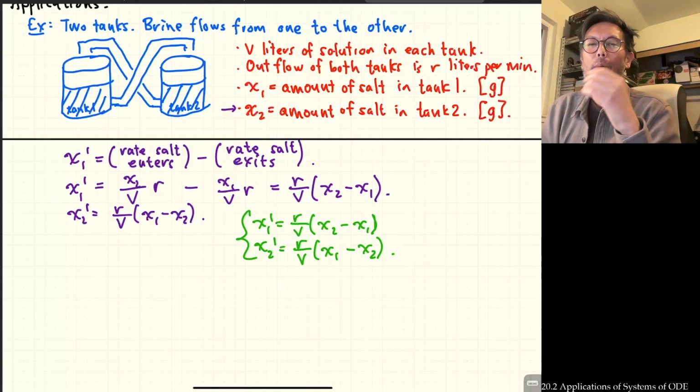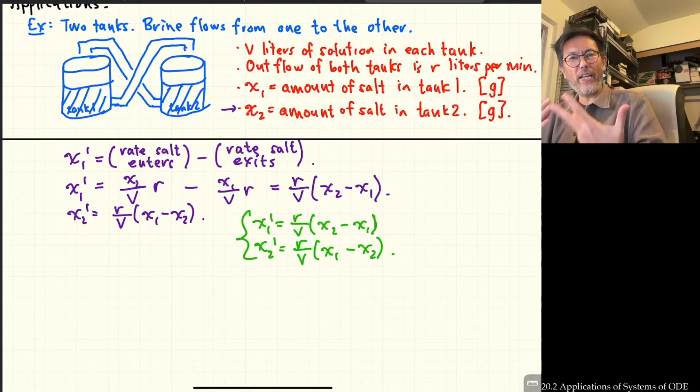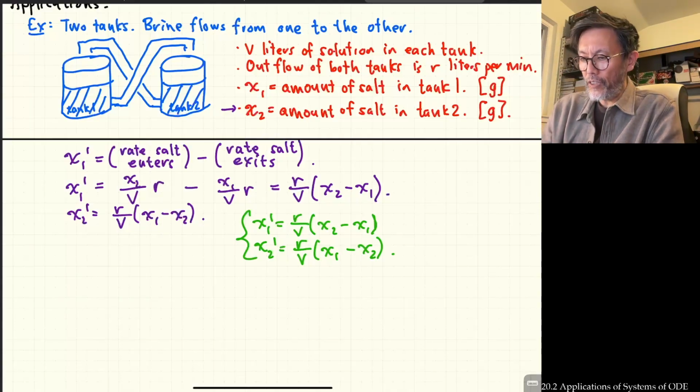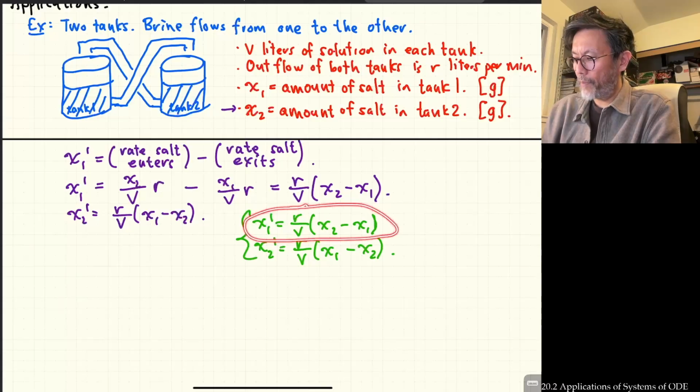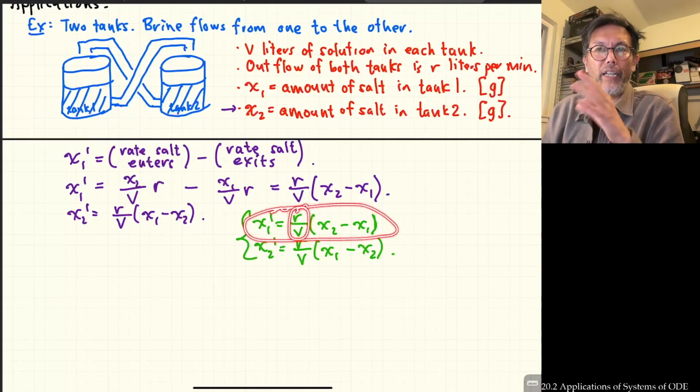I hope that you have that sense now. So look at, for example, this first equation: x1 prime is equal to R over V times x2 minus x1. I want that to feel linear to you. Yes, this R over V is a constant, so that's not a big deal.